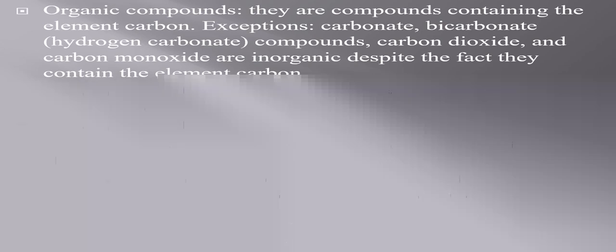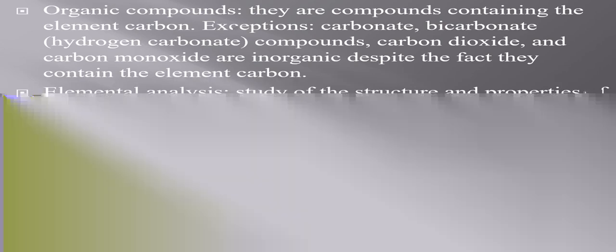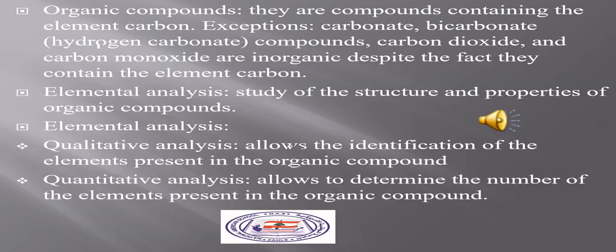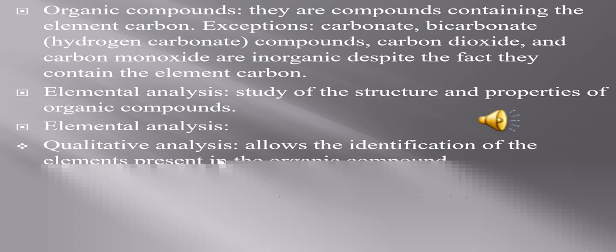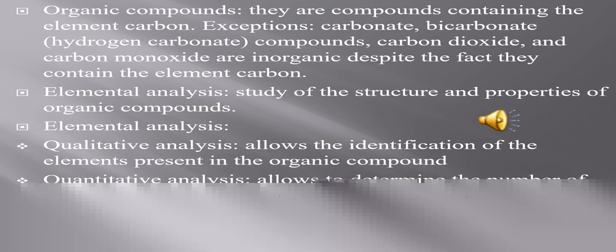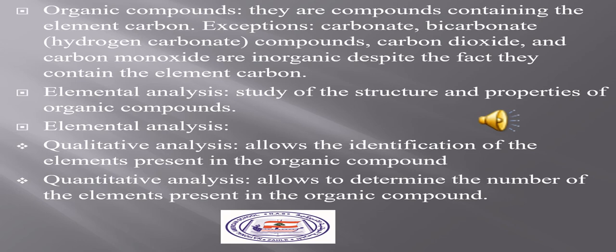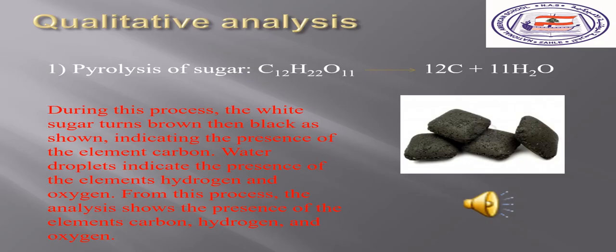But when you write down C6H12O6, or C12H22O11, or C6H6, in this case, because you specified the number of the elements in the compound, this analysis is called quantitative analysis.